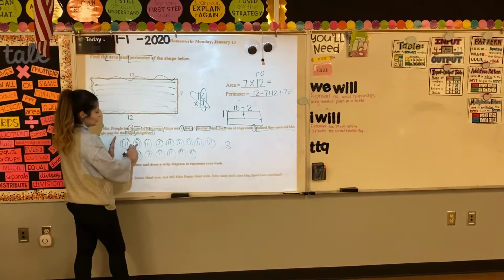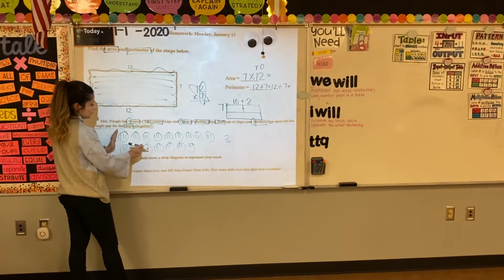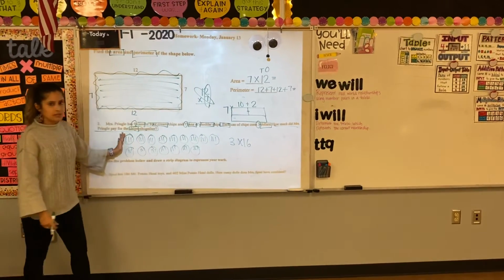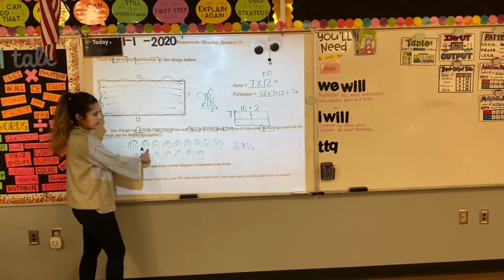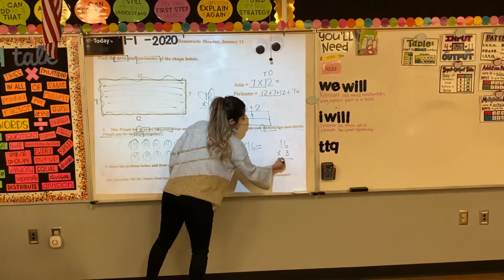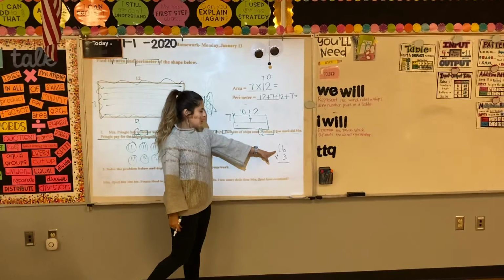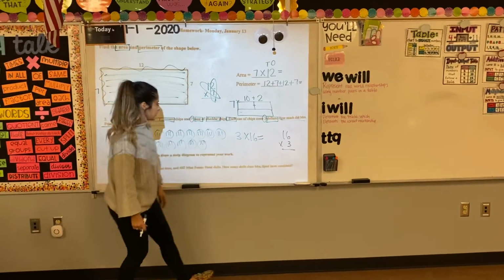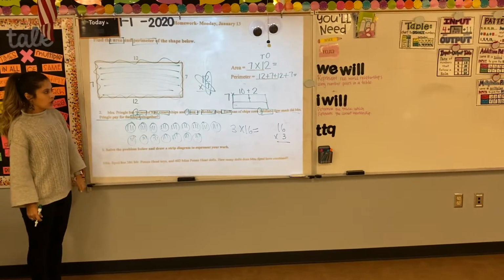And we have 1, 2, 3, 4, 5, 6, 7, 8, 9, 10, 11, 12, 13, 14, 15, 16 groups. Or 16 times 3. Now they can count each one of these one by one. Or they can solve 16 times 3, just as we did up here with the standard algorithm. Or by breaking apart that 16 into 10 plus 6 and multiplying it by 3. And then this would be the number all together for the price, for the cost.